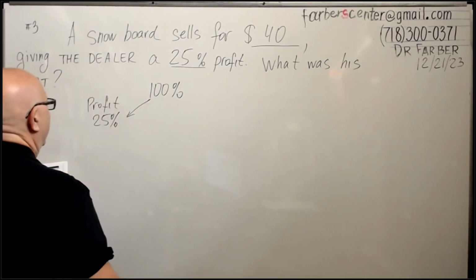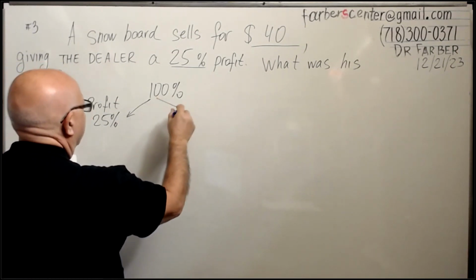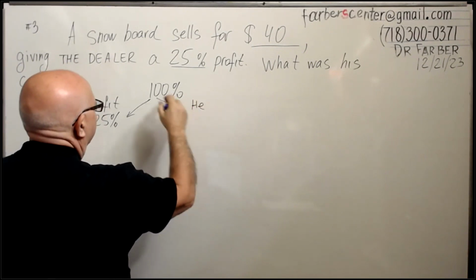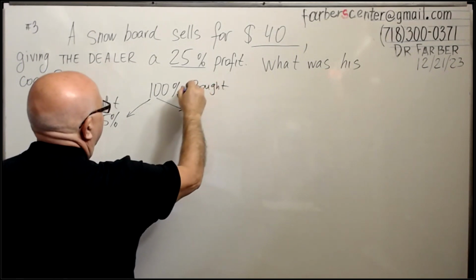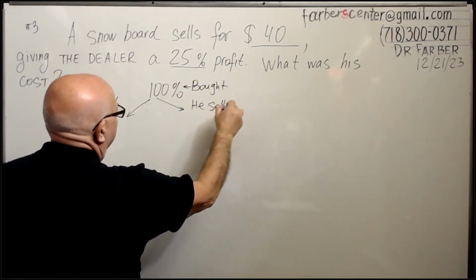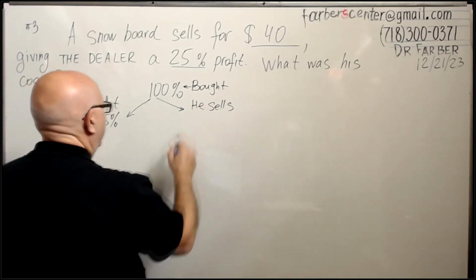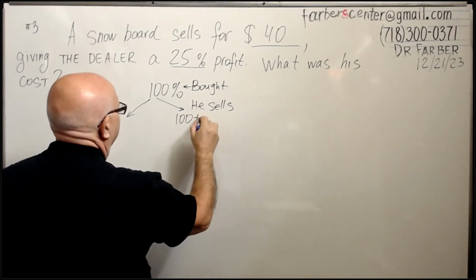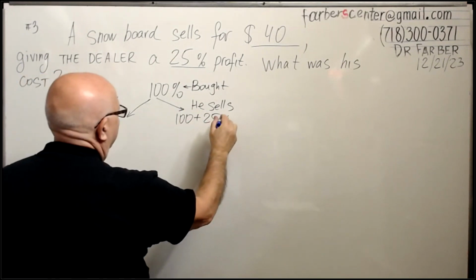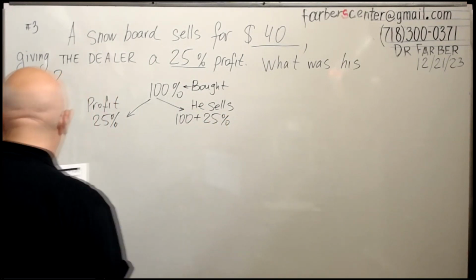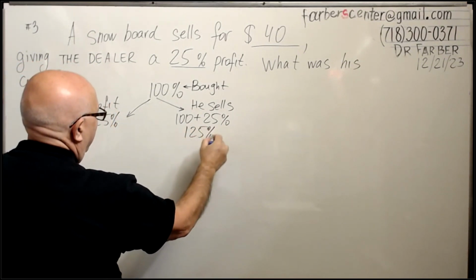And in this case, he sells it. He sells what he bought, and he sells the item, maybe not the best diagram, for 100 plus 25%, which is 125%. He sells it.